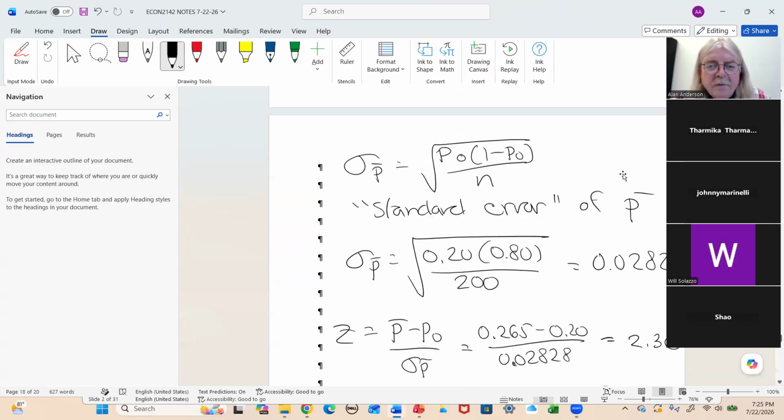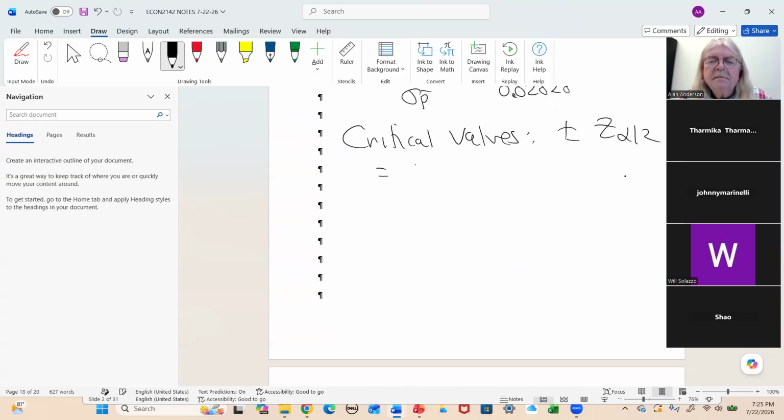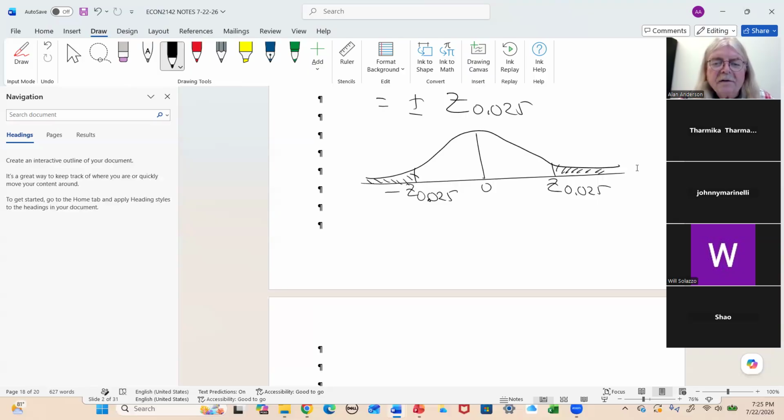And the alpha, once again, was 0.05. So we can go to second vars to find these.